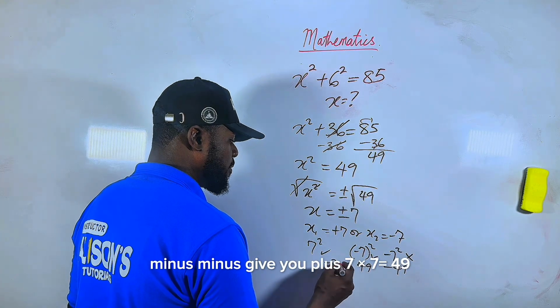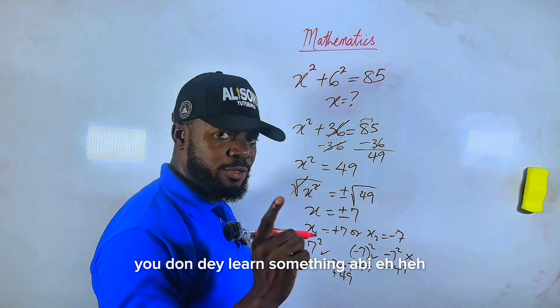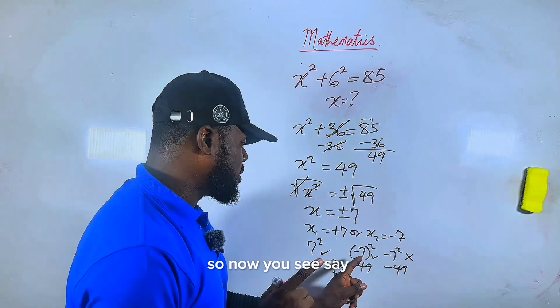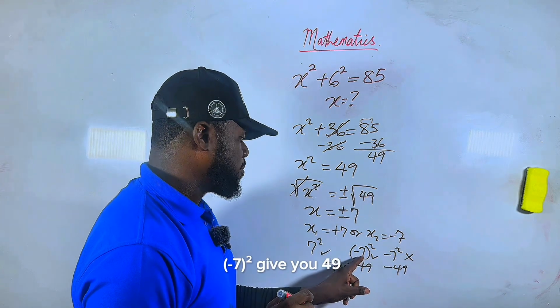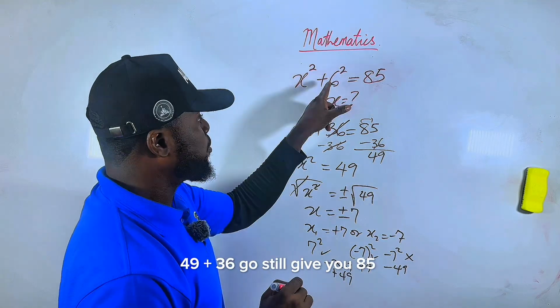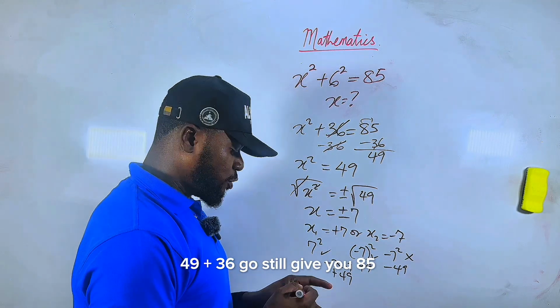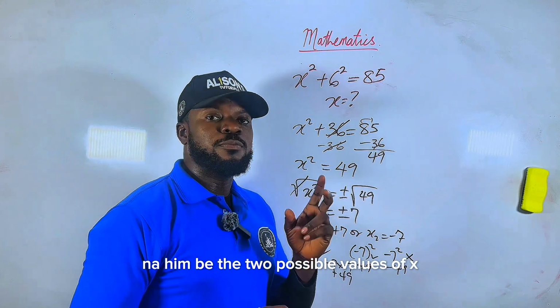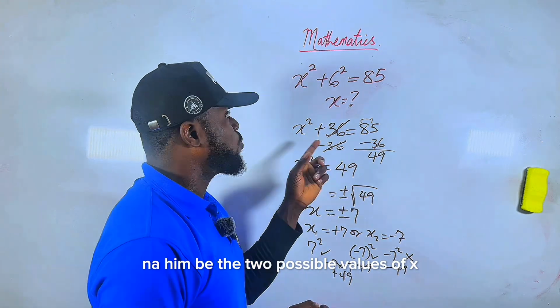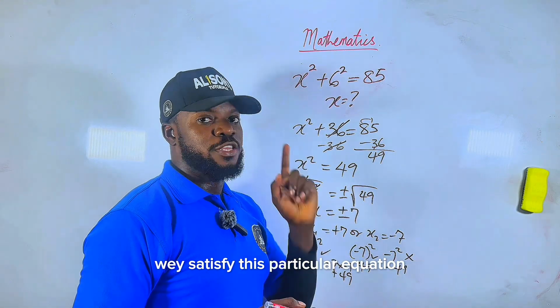Minus times minus gives plus, and 7 times 7 is 49. So even if it is minus or plus, minus 7 squared gives you 49. 49 plus 36 gives you 85. So plus 7 and minus 7 are the two possible values of x which satisfy this particular equation that was given to us.